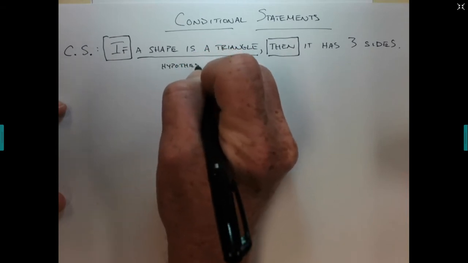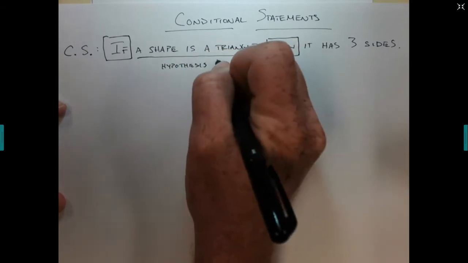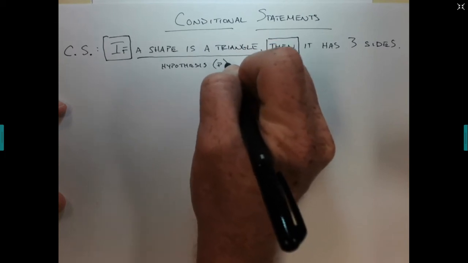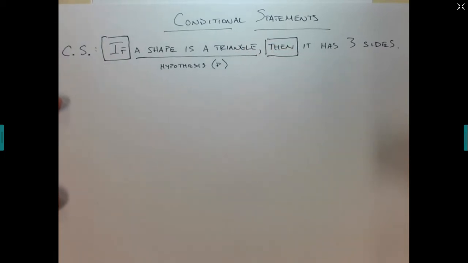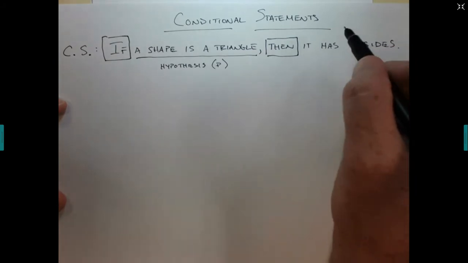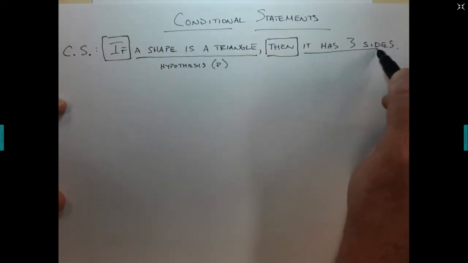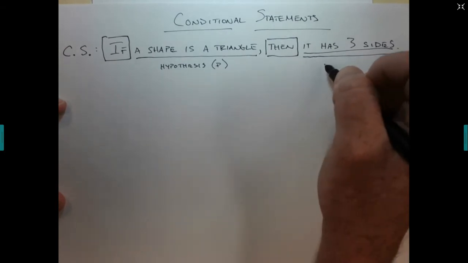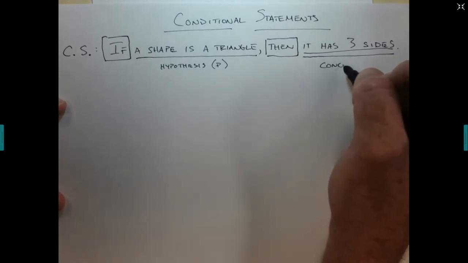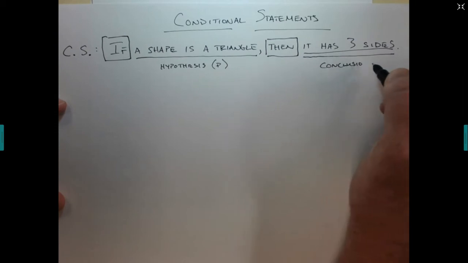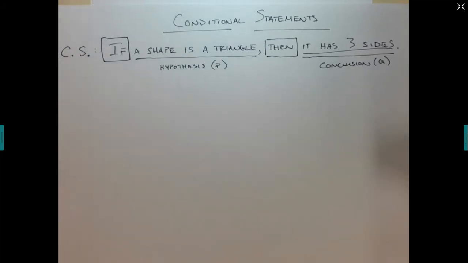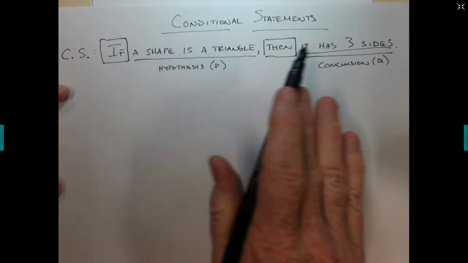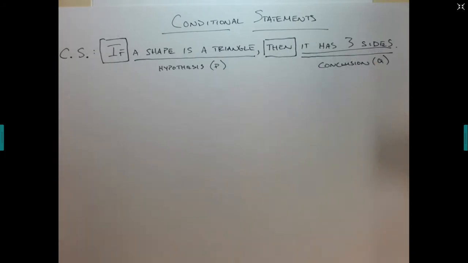Here in geometry, we call it the same thing, hypothesis, or sometimes we would just use the letter P. All right, this resulting scenario, in science, would be referred to as the conclusion or resulting idea. Or we would possibly use the letter Q. So we would talk about if P, then Q, if we were looking for symbolism.